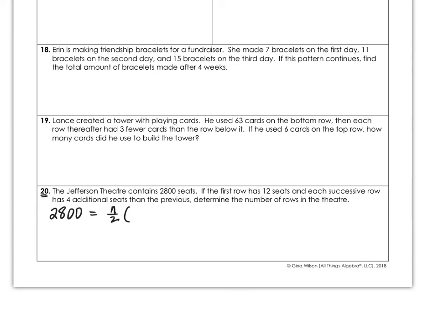Let's see, first term, 12. Last term, again, that's where you've got to figure out what the last term was. Well, the last term would be the first term plus 4 times n minus 1. That's your last term. And now we just solve this equation. It can get a little yucky, but we're going to do this.